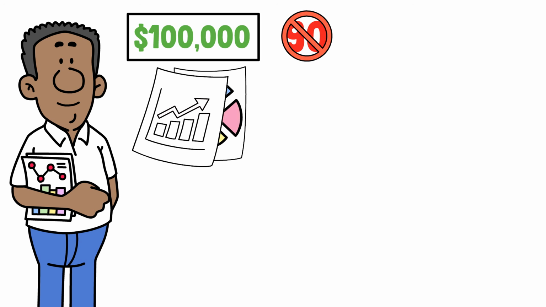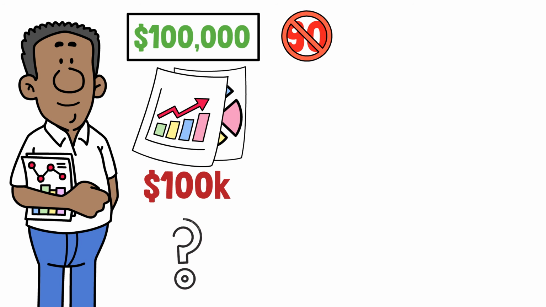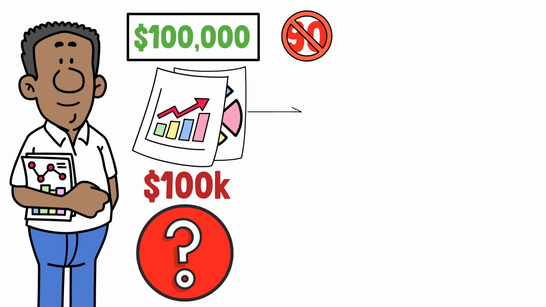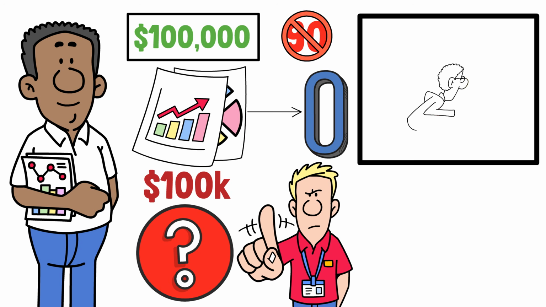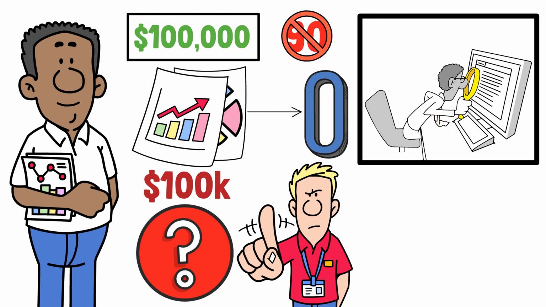Your income statement shows $100,000 in revenue immediately, but your cash flow statement shows zero because you haven't actually received the cash yet. That's why understanding cash flow gives you a much clearer picture of what's really happening in your business.